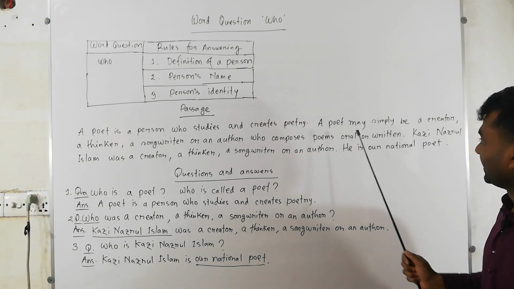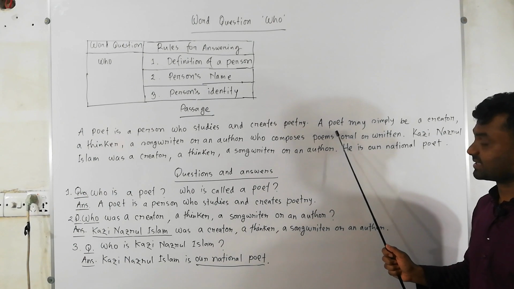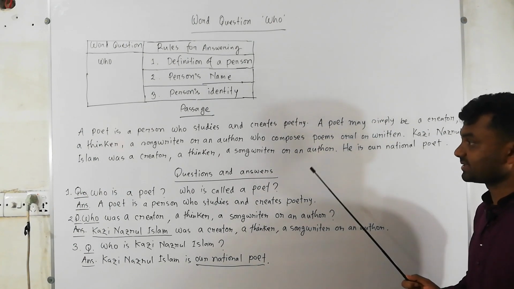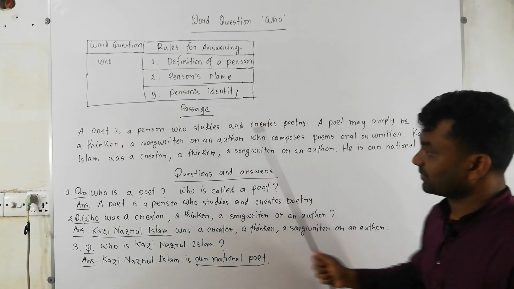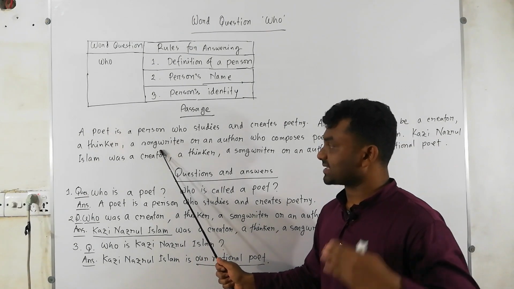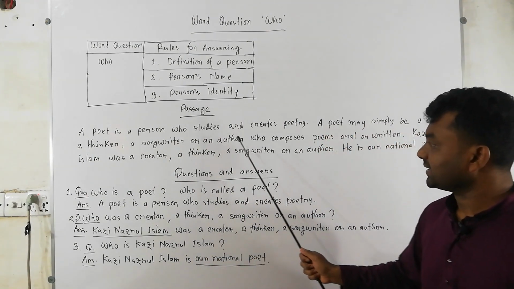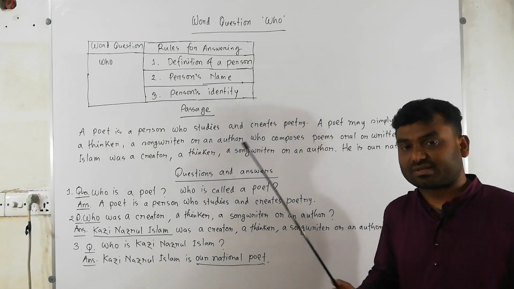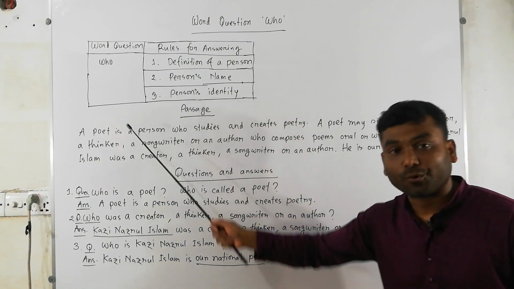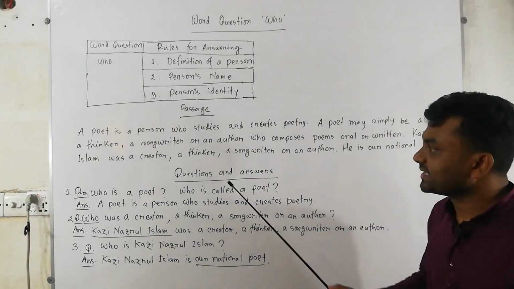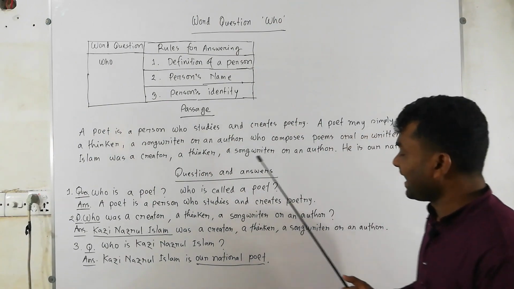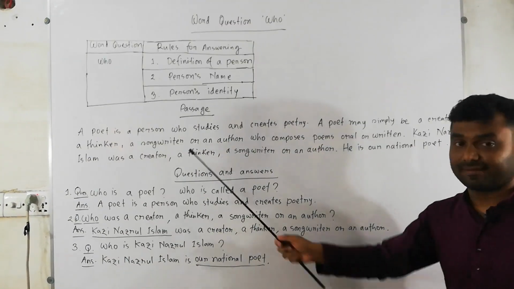Here we go. In the second sentence, a creator, a thinker, a songwriter, or an author are the characteristics of a poet. So these characteristics exist in Qazi Nazrul Islam.